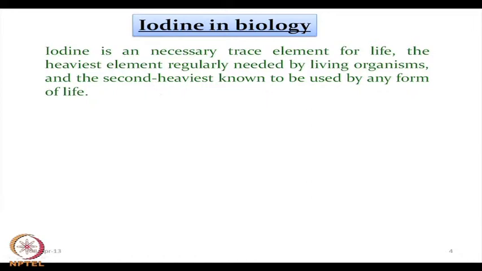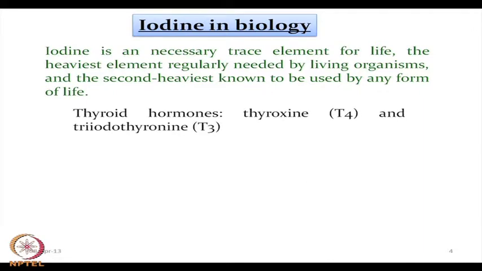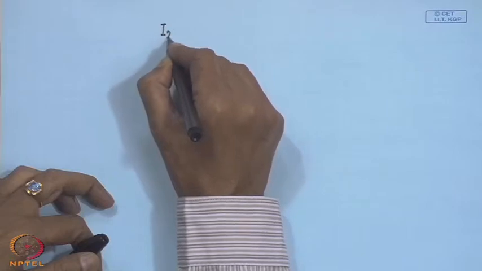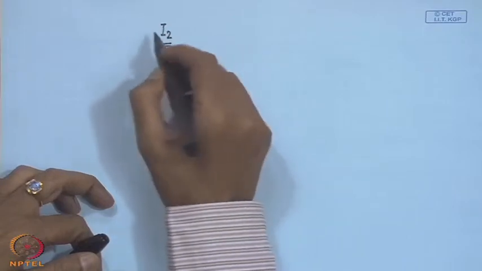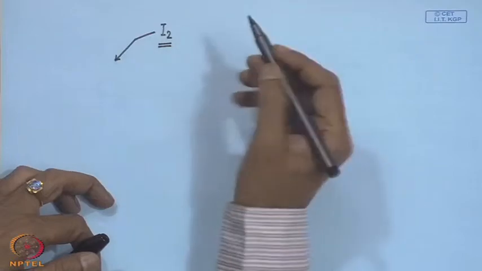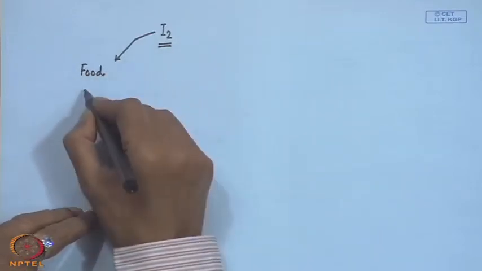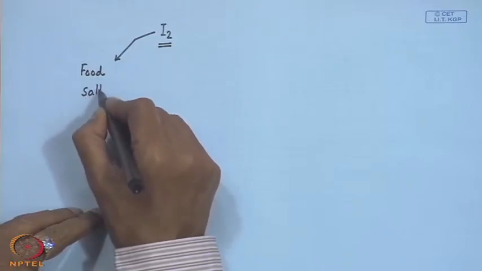So, how iodine can be useful for our health, that we can see. So, these are the two thyroid hormones. So, iodine deficiency basically leads us to some diseased condition. So, if we have this I2, the iodine, and we basically get this in our food material as the corresponding salt intake.